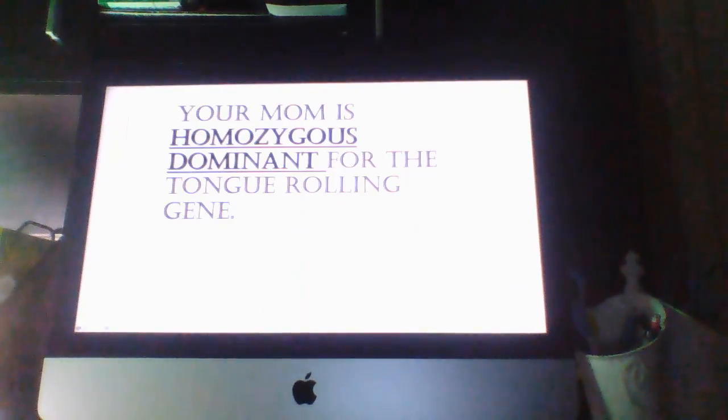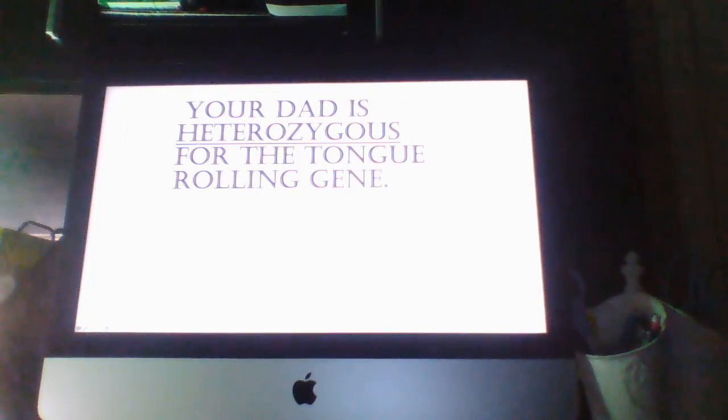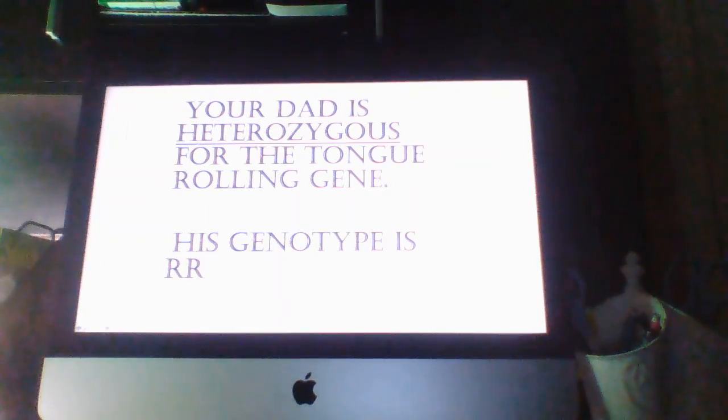Your mom is homozygous dominant for the tongue rolling gene. Her genotype is capital R, capital R. Your dad is heterozygous. So his actually is not going to be two capital R's, it's going to be a capital R and a lowercase r.